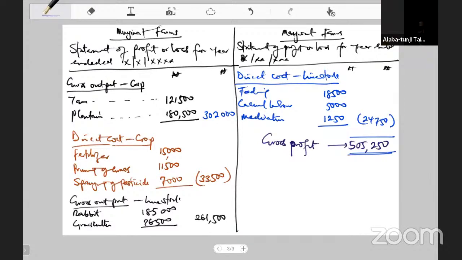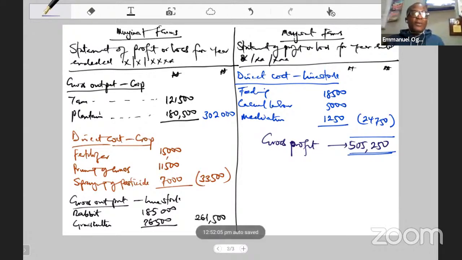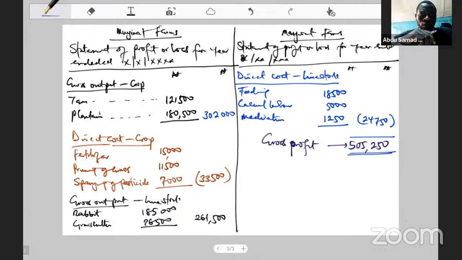Either you produce livestock or you don't, you are going to pay for those laborers and their wages. So that does not make it a direct cost. Remember, direct costs are those costs that if you don't incur them, they will affect our production process. Do you get that? Yes, sir. Thank you.